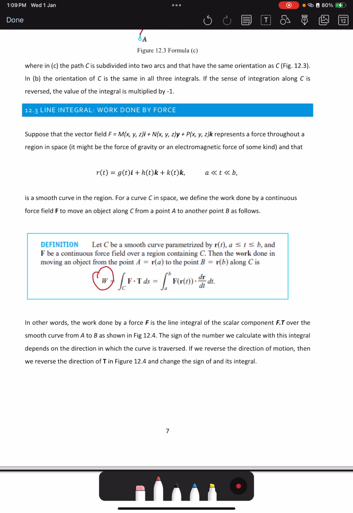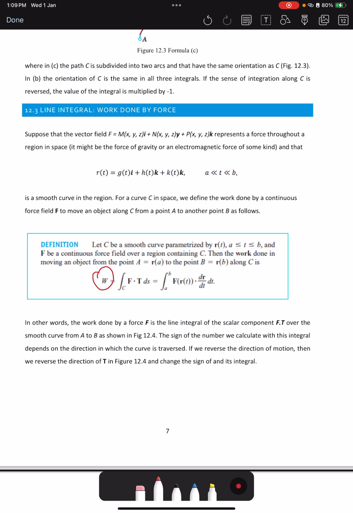So the same concept that was already explained just now, where F we represent in terms of the function r(t), where the curve r is always changing with time, and we dot product with dr/dt.